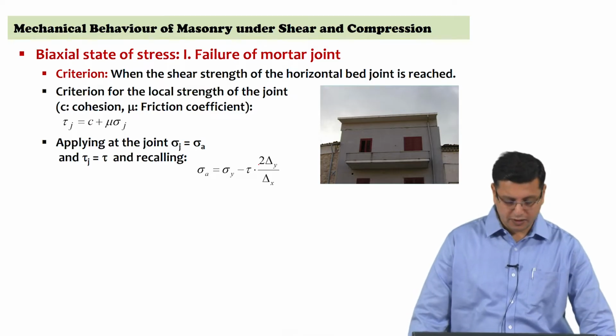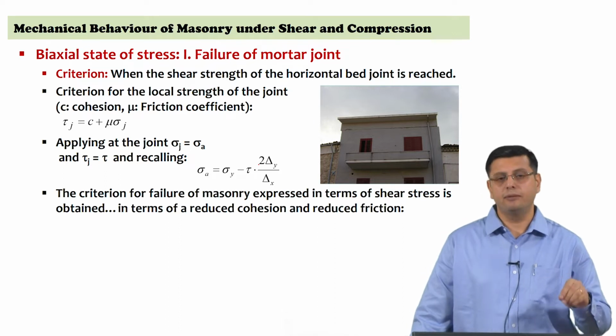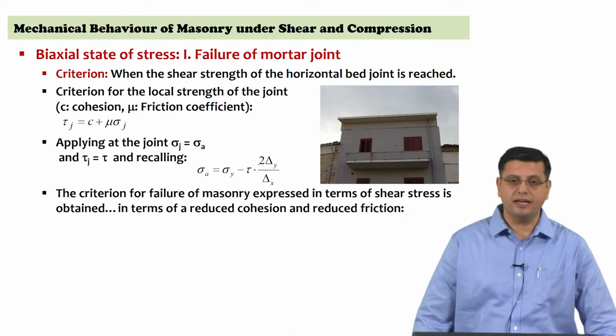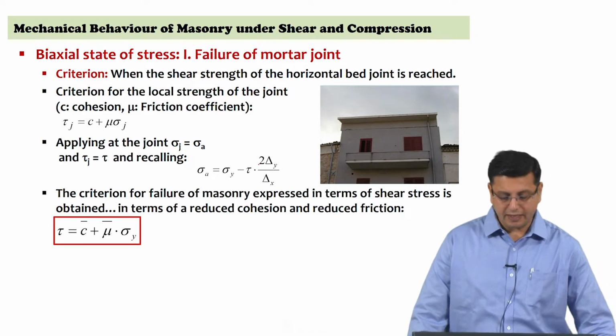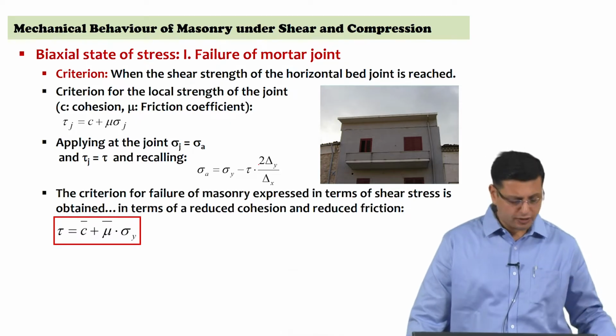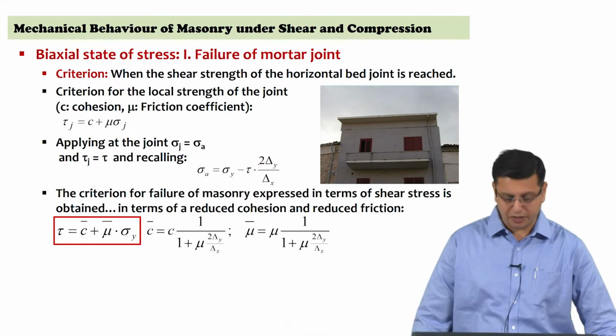So, we use this expression, and with the help of the Mohr-Coulomb failure criterion in terms of cohesion and the friction coefficient, describe the failure of the masonry joint, the horizontal bed joint, in terms of a reduced cohesion and a reduced friction coefficient.